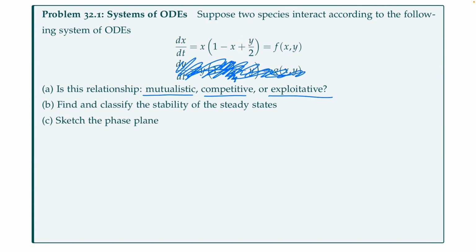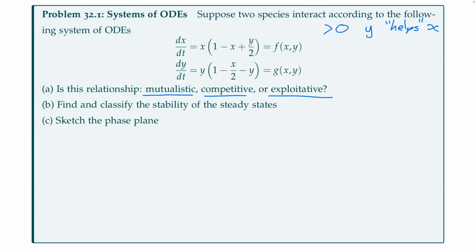Well, the coefficient in front of species 2, given by Y, is positive. This means essentially that Y provides some sort of benefit to X. I'm going to say helps in the very loosest sense. So a positive sign here means that Y helps X.